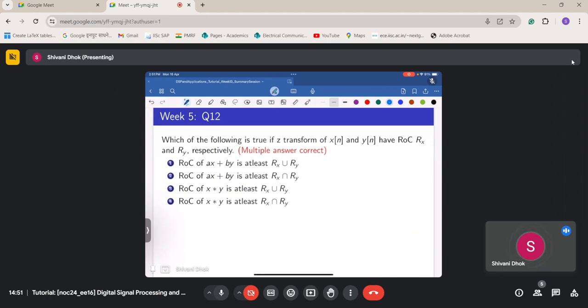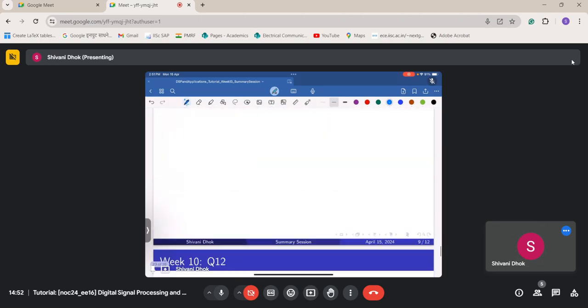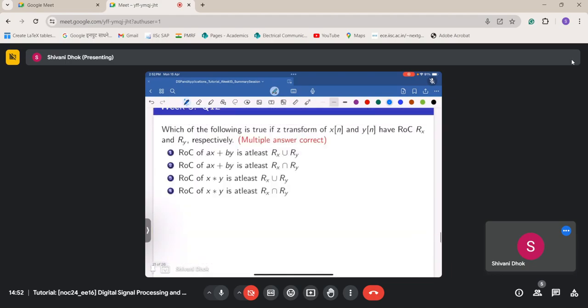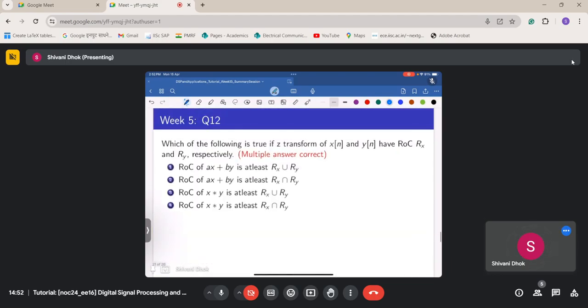This is week 5's question. So this is question 12 of week 5. It says, which of the following is true if the Z transform of x[n] and y[n] have ROC Rx and Ry respectively.